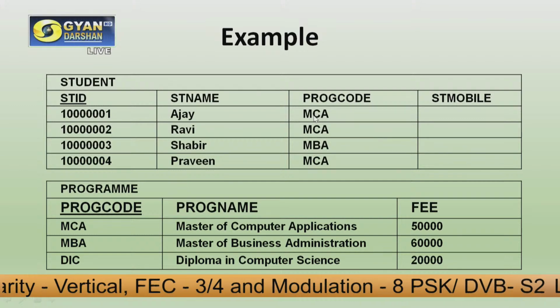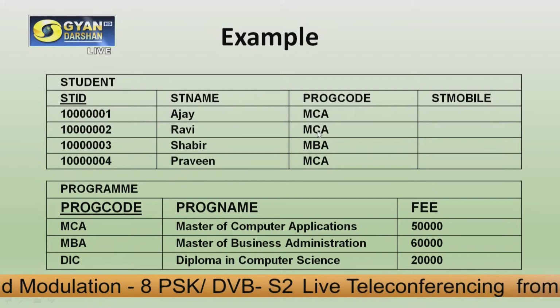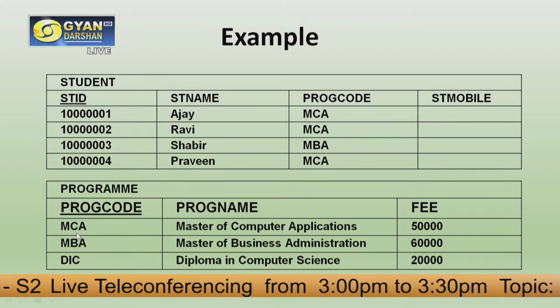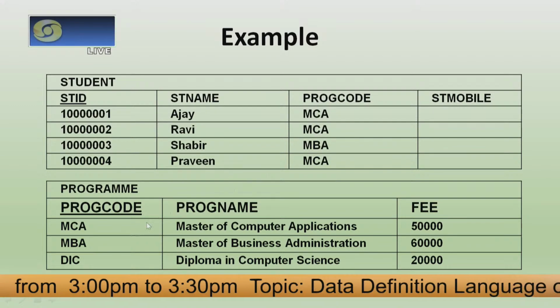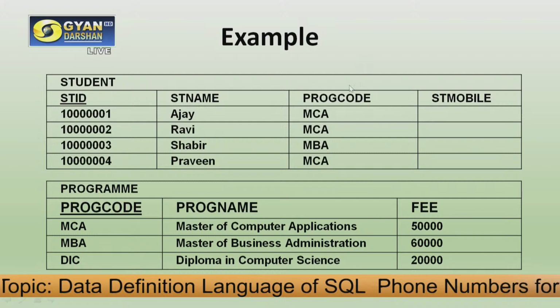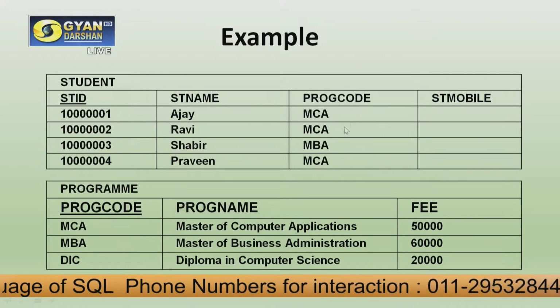So now when you are putting in data, obviously you cannot put any program other than these three programs in this particular program code field, because it is referencing the program code field of the program table. So that is the domain which we were referring to, and this is the concept of foreign key, right?